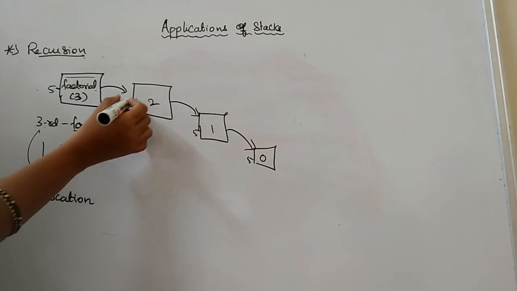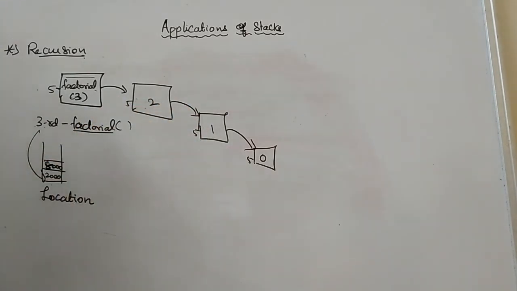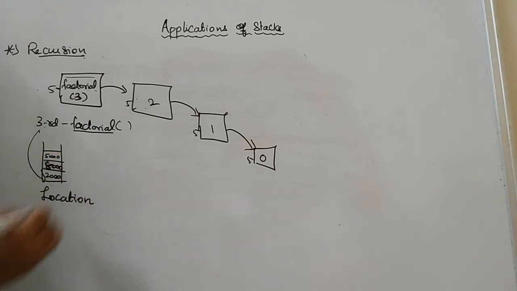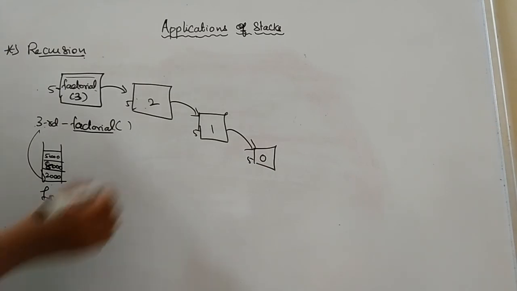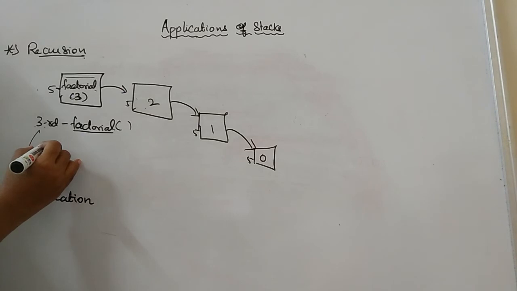By that time, in the third line you are going to call factorial of 1, so it will store that location, for example 5000, and then it is shifted to factorial of 1, and again it will store that location.